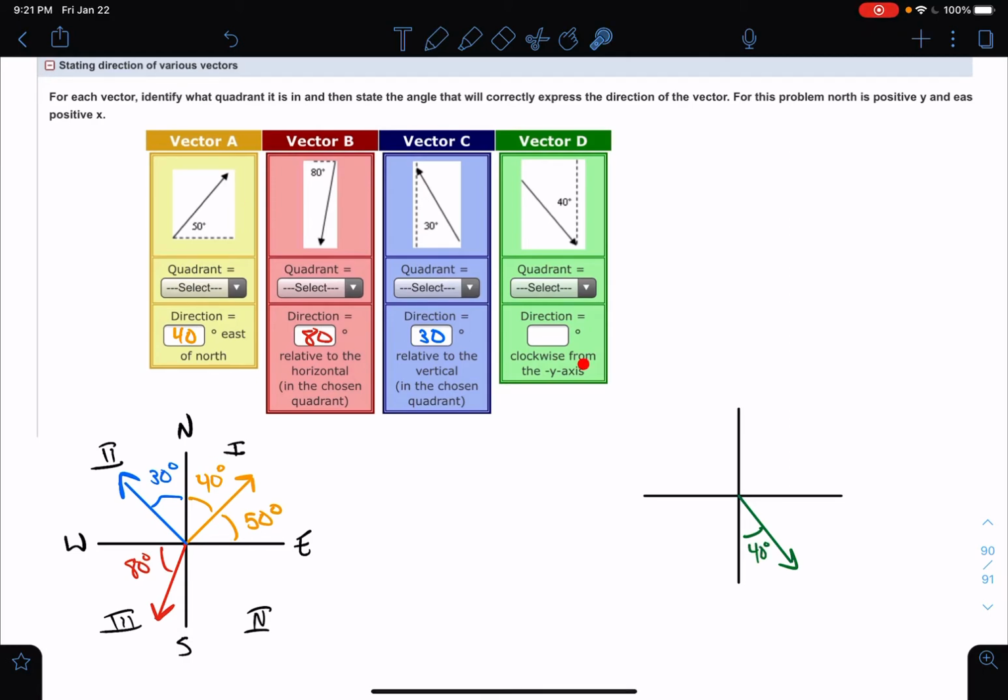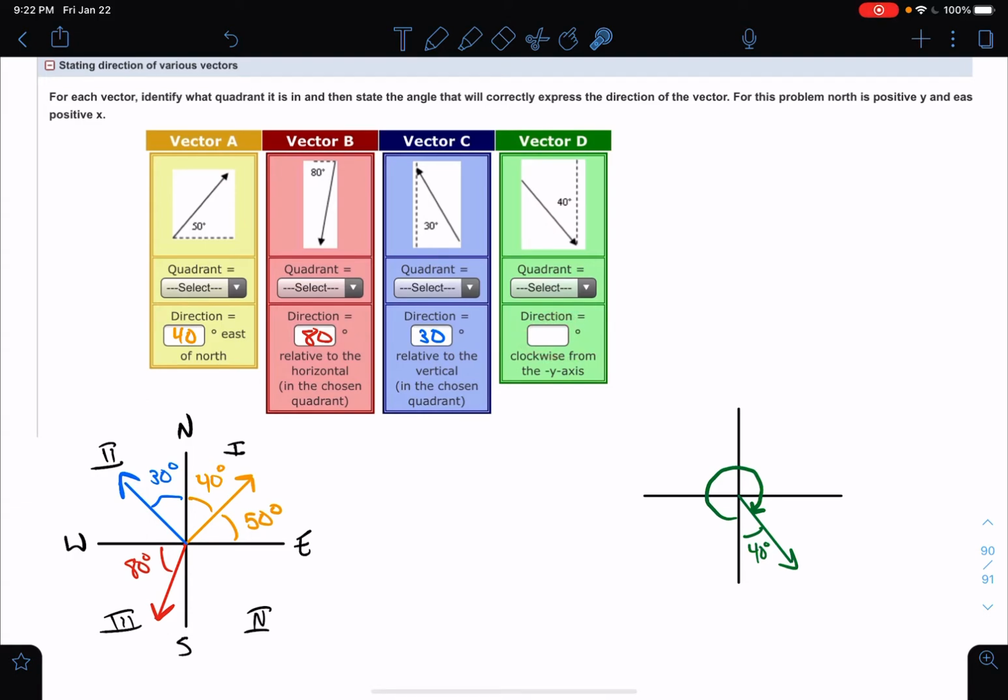And it wants clockwise from the negative y-axis for me. So here's the negative y-axis, and this is clockwise. So that means I have to go all the way around, like so. That's what it means. I have to start here at the negative y-axis, and then I have to go around until I hit my vector.